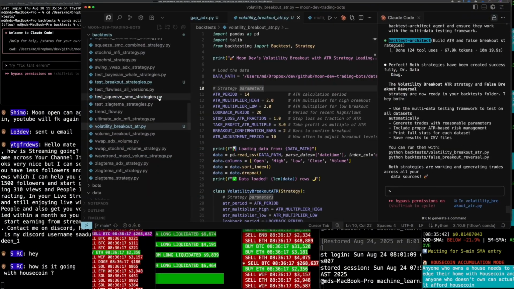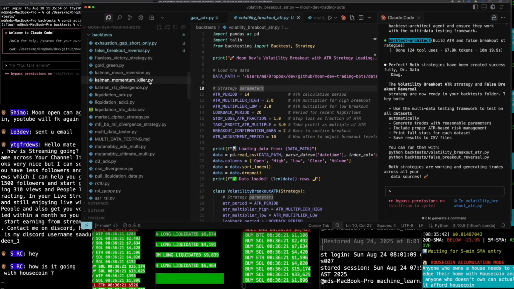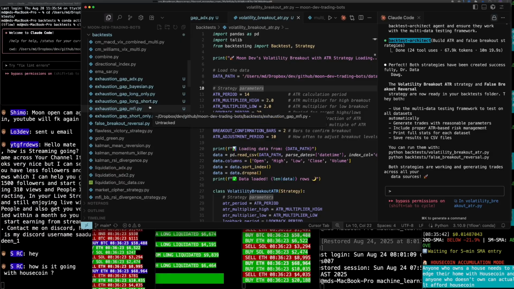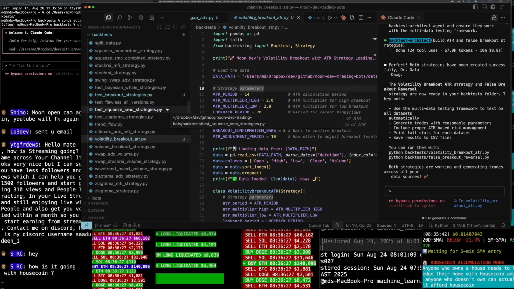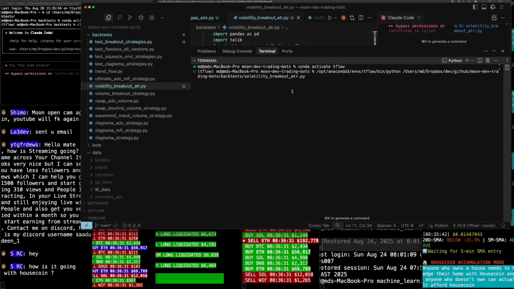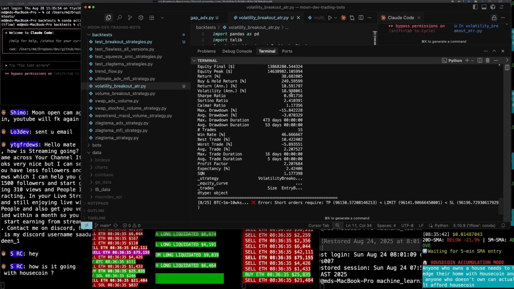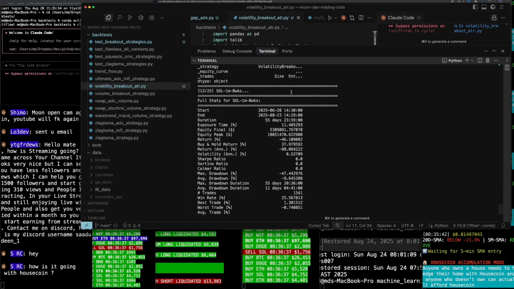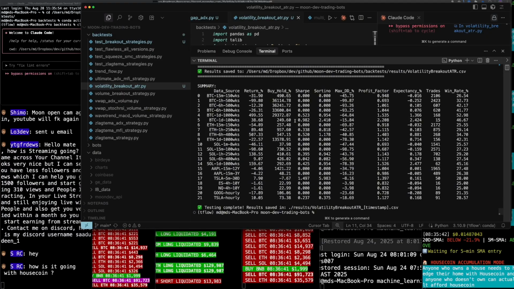Okay. So let's go ahead and run the volatility breakout first, because I did see an error here. Okay, it looks fine now. So you can see it's testing through all of the different data sources, which is awesome. Okay, sick, dude.